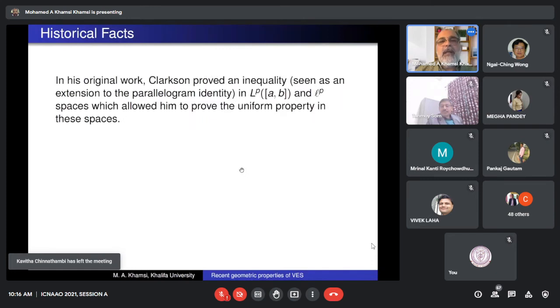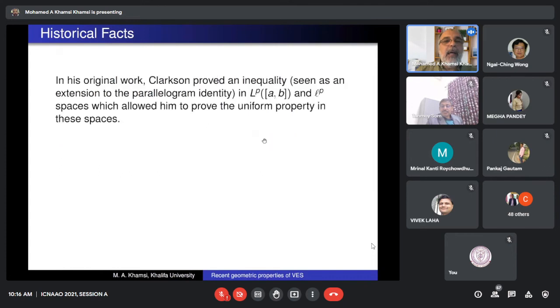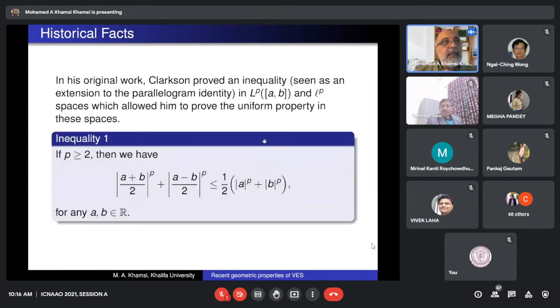Okay, now, if you want to do it for LP, you need an inequality that is satisfied, that he's going to use, and that's the one you see right here now, okay? And what I want you to understand is the control is coming from here. See, this term here is what will give you the control, okay?